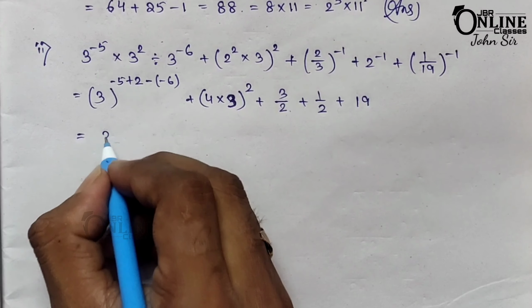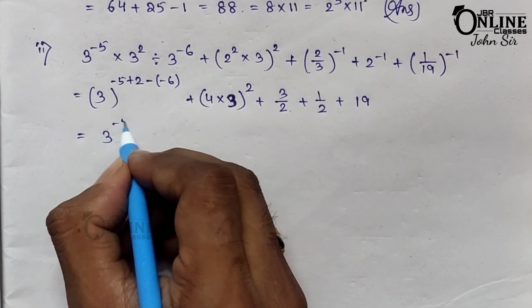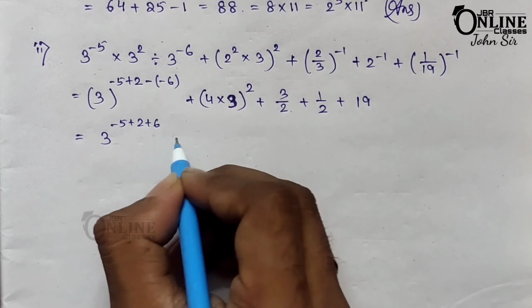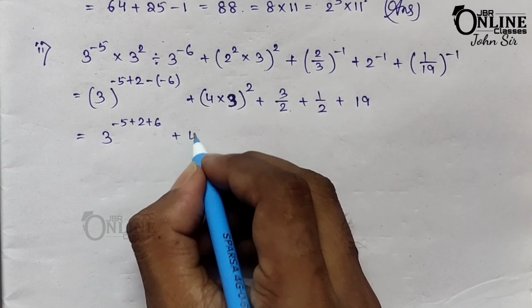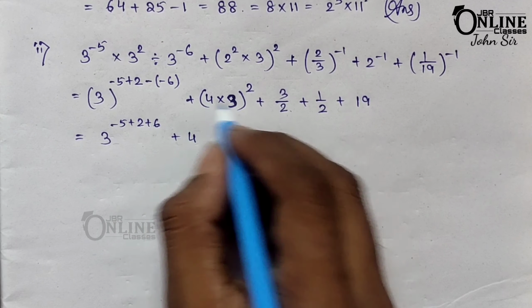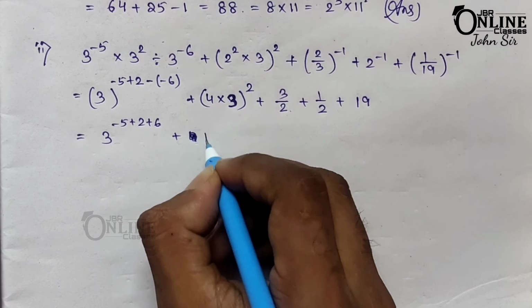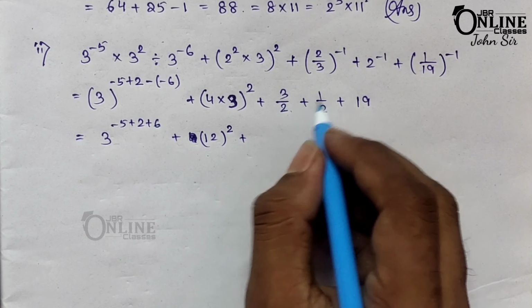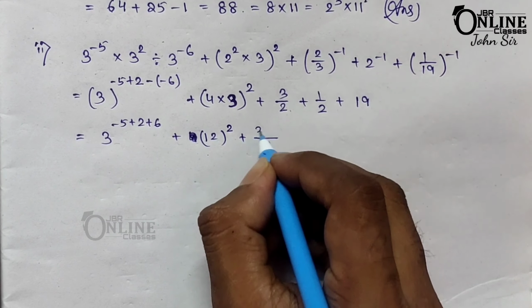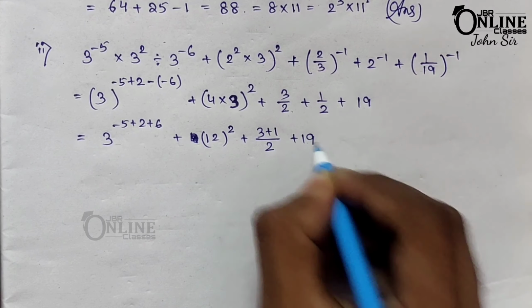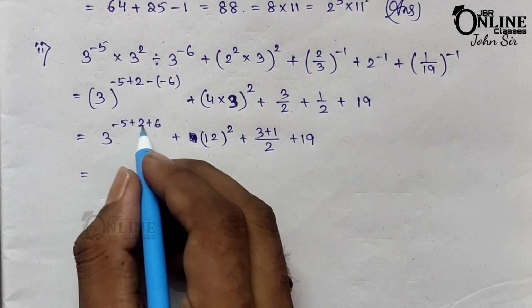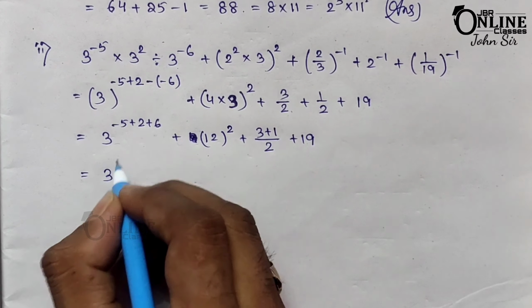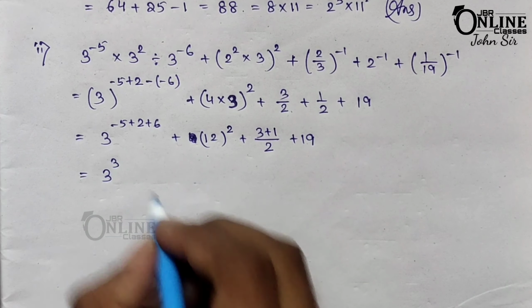So here finally 3 to the power minus 5 plus 2 plus 6. Okay, here 4 into 3, it's 12. Okay, so 12 square. Then here 3 by 2 plus 1 by 2, so 2 is the LCM, so 3 plus 1 and last one 19. Now here minus 5 plus 2 plus 6 is 3, so 3 to the power 3.